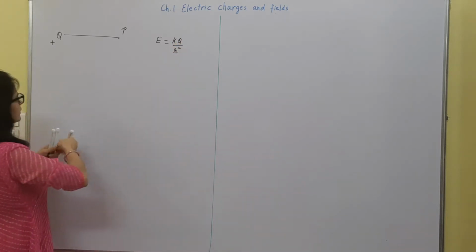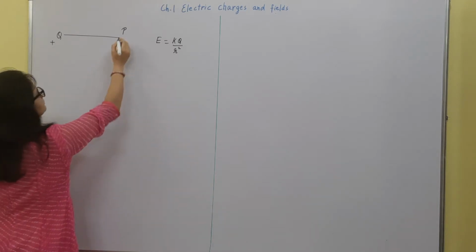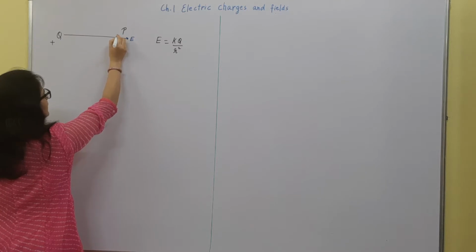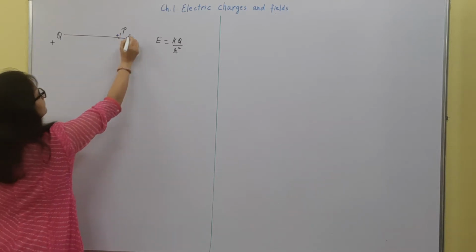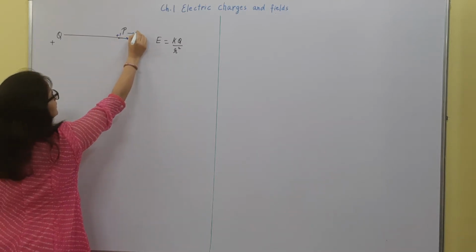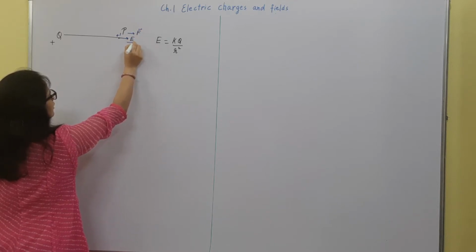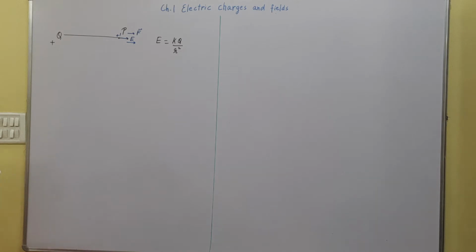And the direction of this electric field is this way, because if we place a plus 1 charge over here, the direction of this force is this. So that's why the electric field is also along this direction.